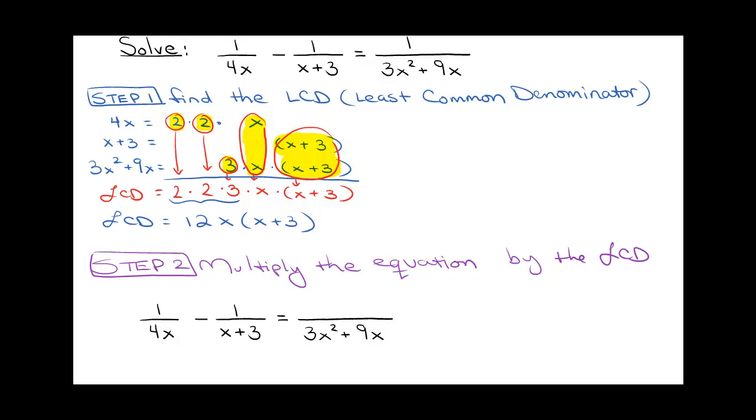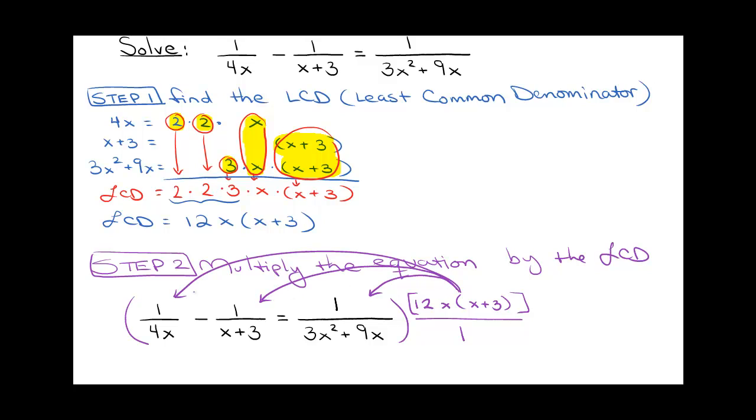I'm going to draw some parentheses around the entire equation, and I'm going to write the LCD right next to these parentheses. So that's going to be multiplying by 12x, x plus 3. Maybe I should put these inside square brackets so it's obvious I'm going to distribute this. Oh, I don't know how that one disappeared there. Let's distribute this to every single one of these rational expressions.